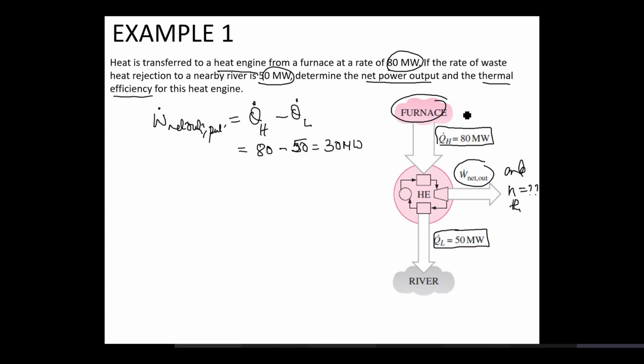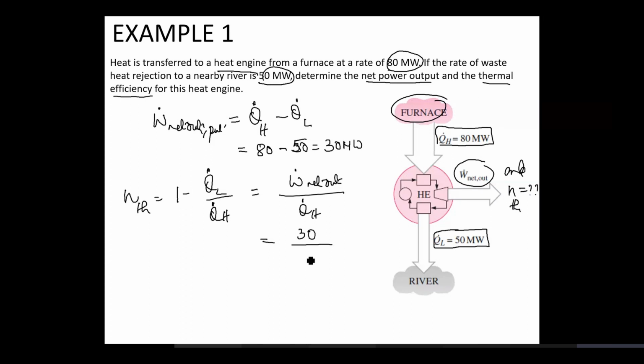Simple enough. The thermal efficiency, eta th, is defined as 1 minus Q dot L over Q dot H, or you could also find it as W dot net out over Q dot H. W dot net out is essentially 30 megawatt, and Q dot H is 80 megawatt.